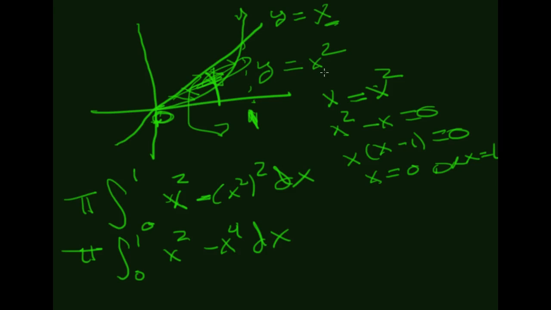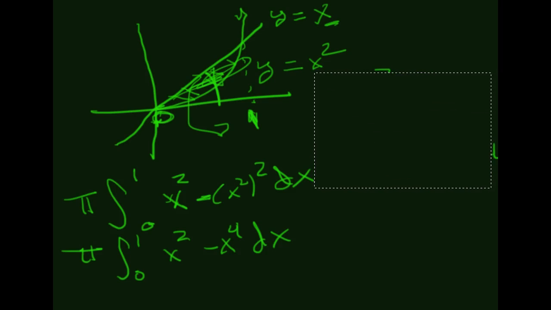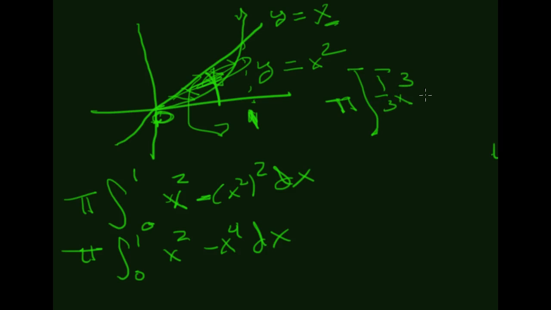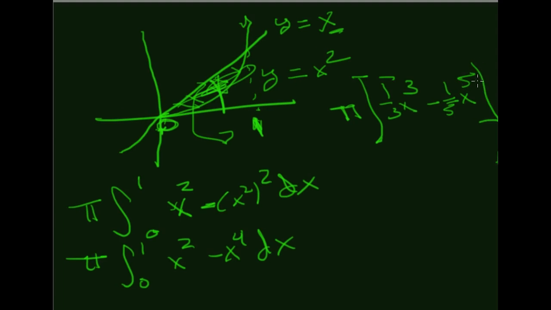Let's clear some of this clutter out. Okay, we'll delete that and turn that off, and let's keep mathing a bit here. So this is pi, the integral, oh, we're going to get rid of the integral here, right? So this is pi times 1/3 x cubed minus 1/5 x to the 5th from 0 to 1, right?